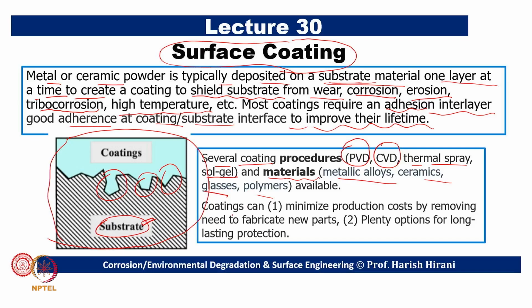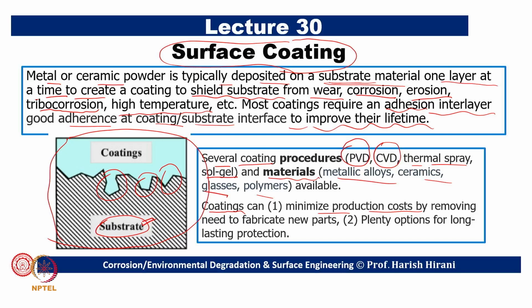Now, the main function of the coating is to minimize the production cost. We do not want the product to go out of the cycle. When we see the life cycle assessment, we try to bring the material back into the cycle.